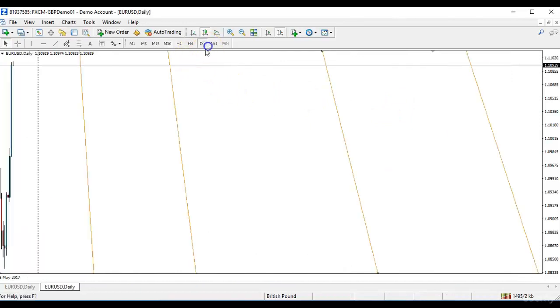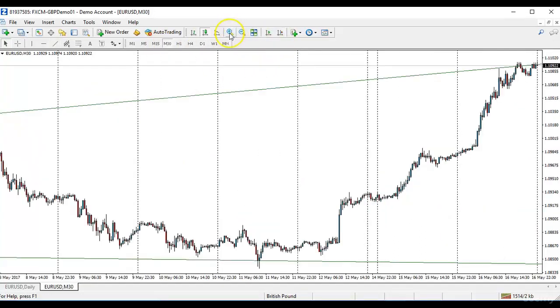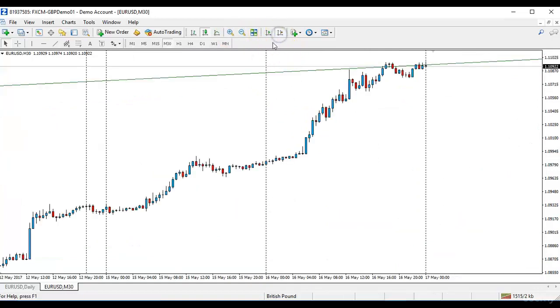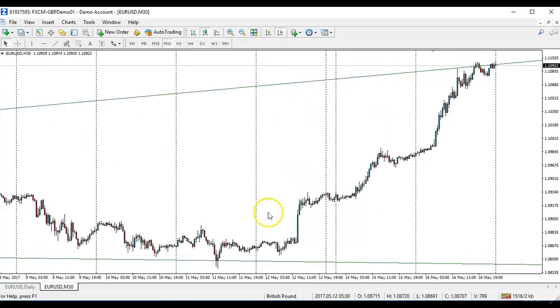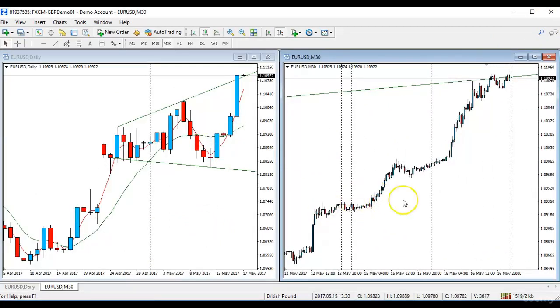Okay, so if I just put those lines in, in fact I won't go there, I'll just do this one here. If I go back down to the 30-minute chart, what we've seen now, on the 30-minute chart, is that we would be looking for opportunities to get into this move.